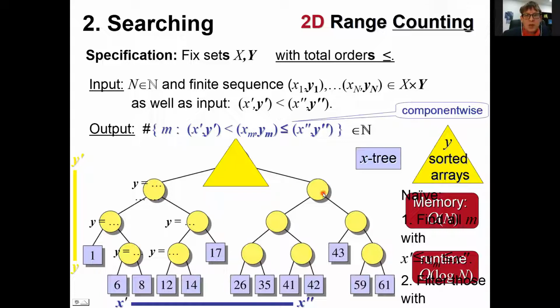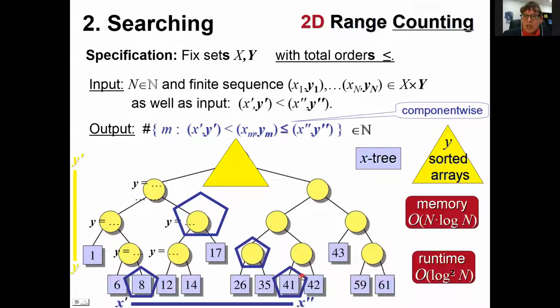Here we store all elements repeatedly, here we store all elements again, and here again. So on each level we have linear memory. And since we have a balanced tree, the number of levels is logarithmic. So the memory overhead is logarithmic, and the overall memory is n log n, as opposed to the previous one-dimensional case where we had linear memory of n. So that's our data structure.